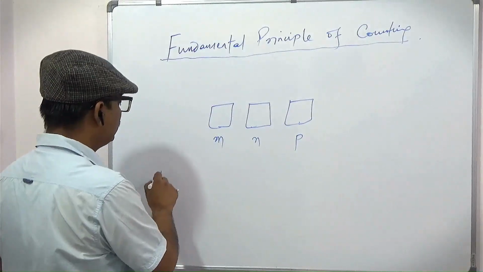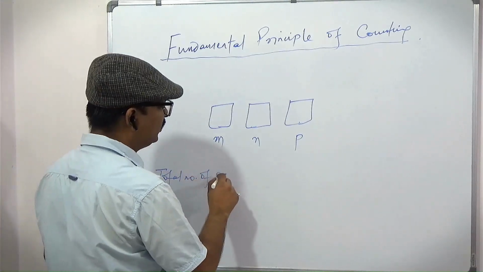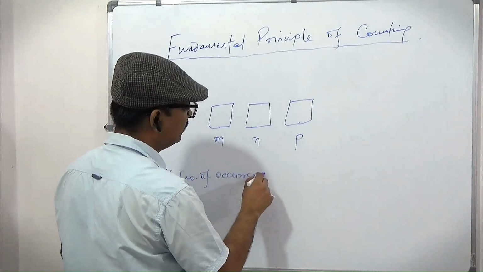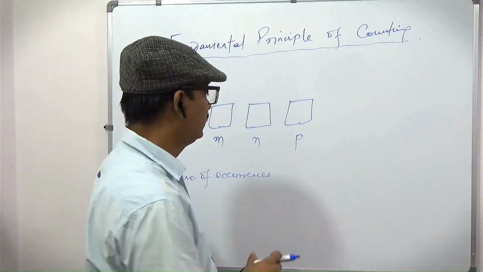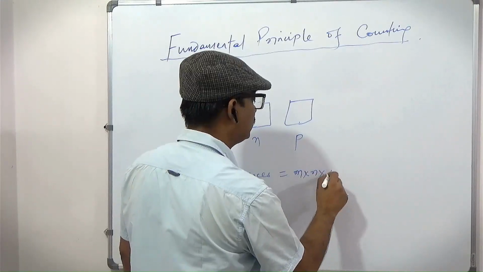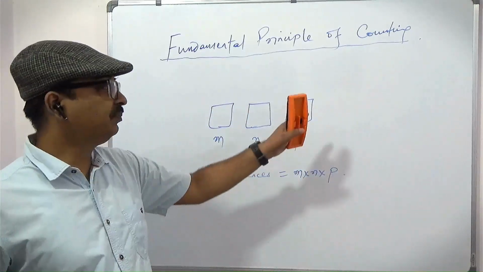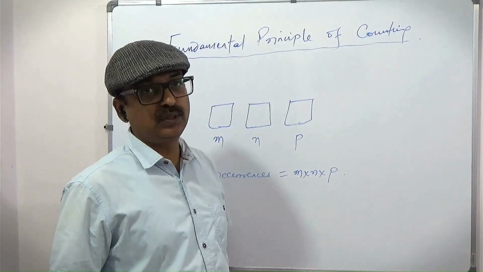So the total number of occurrences for the event to occur will be equal to m cross n cross p. And if we have q, r and so on, that will be m, n, p, q, r and so on.